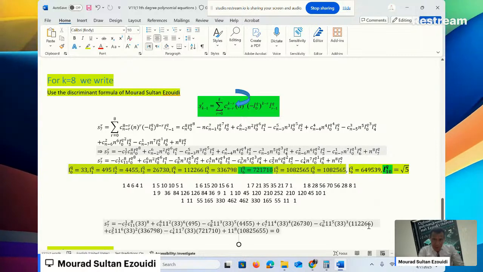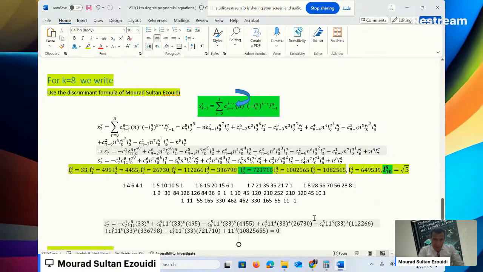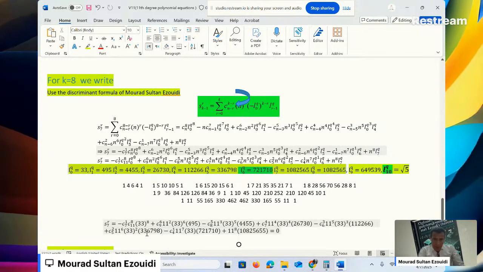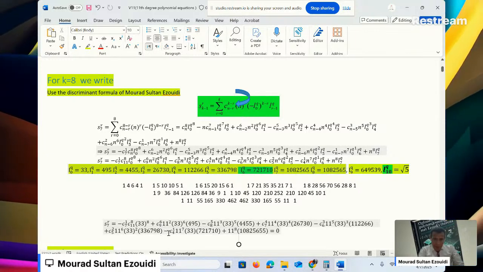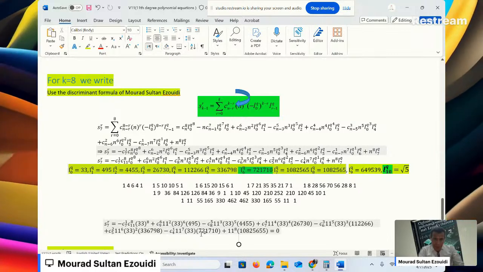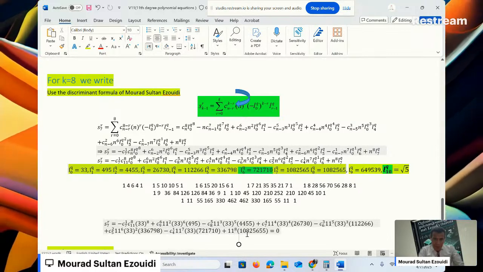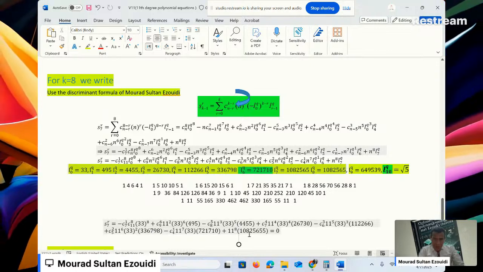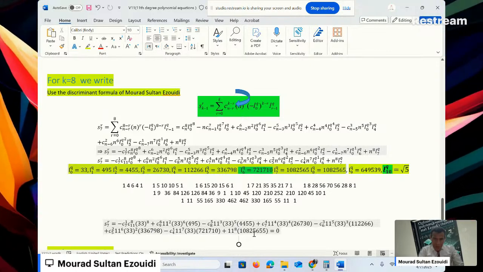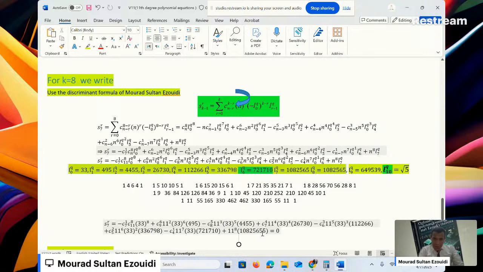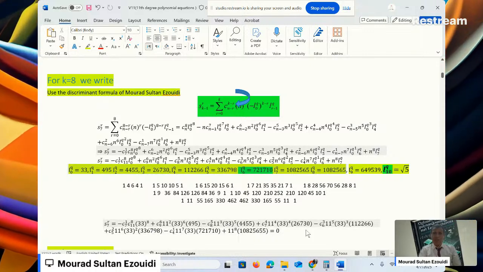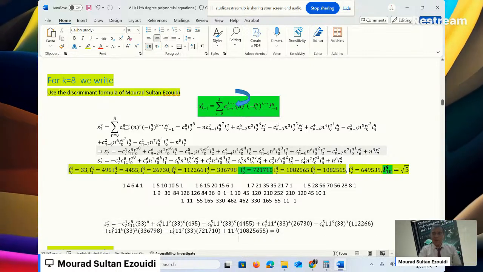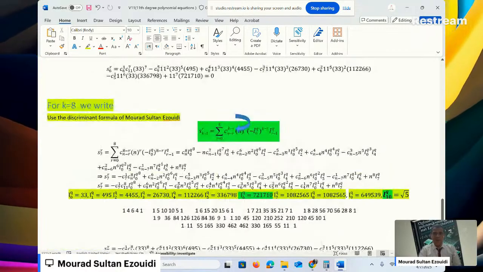After that 11, 56, after that we have 3, 26, 79, after that we have 71, 71, 10 and then we have the remaining 82, 165. Okay. So this one is equal to 0. Okay, let's continue.